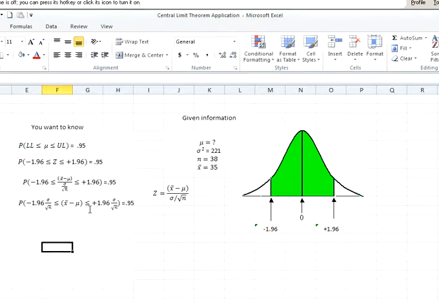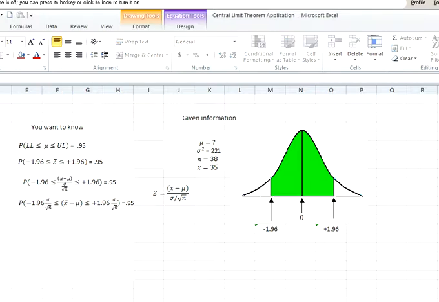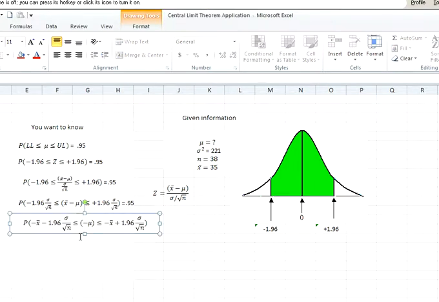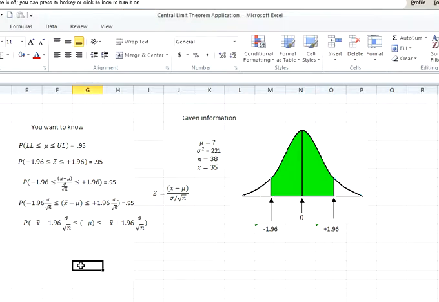Now because we want mu in the center and we are looking for those two limits, what we need to do, we have to remove x bar from this side by subtracting x bar throughout this inequality. And if we do that, we are going to have another inequality, which is this. Okay, now we are almost there. We have to get rid of this negative sign.